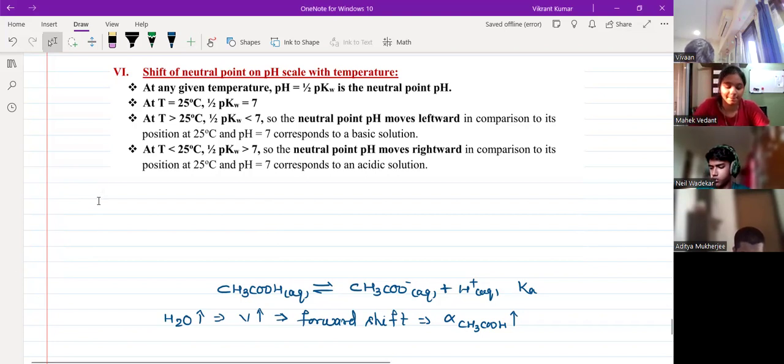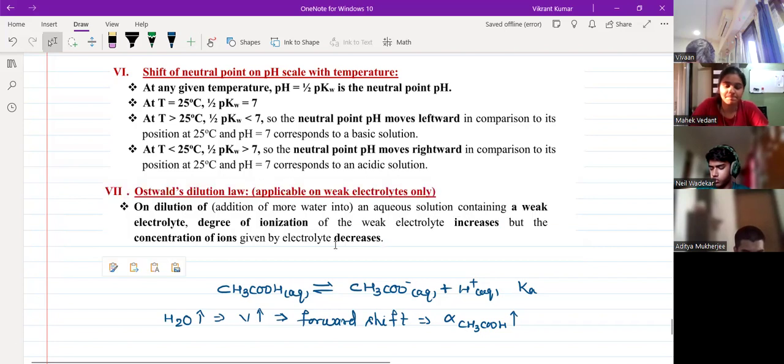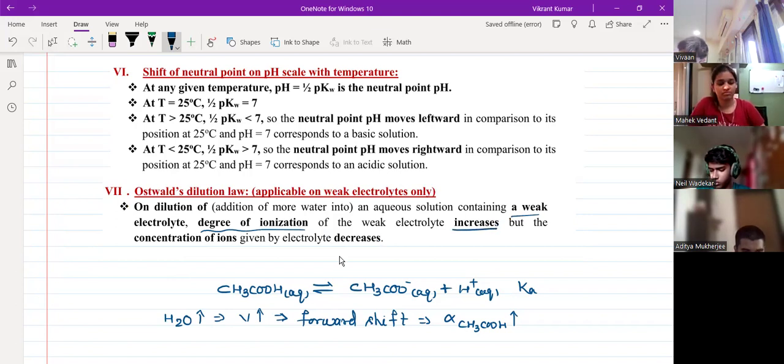So what I was talking about is Ostwald dilution law, I thought I had already said it. Yes. So what I was saying is that if I'm diluting a solution, that means the degree of ionization of the weak electrolyte will increase, right? Is it okay? But what I'm saying is that the concentration of ions given by the electrolyte will not increase.